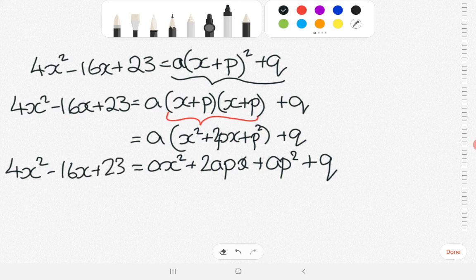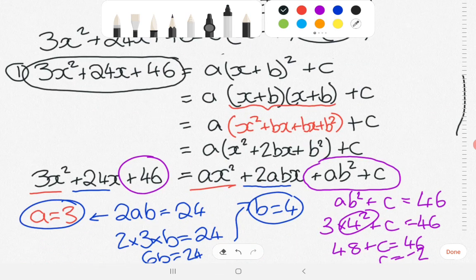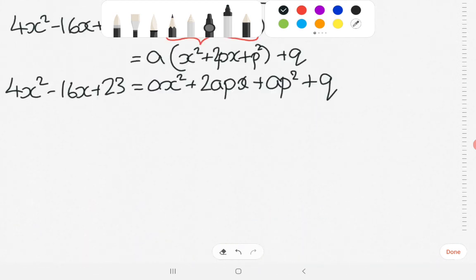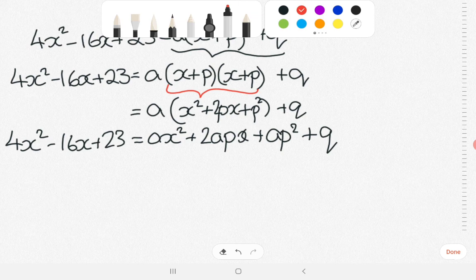Doing the same as we did down here with our three different coloured parts, we're saying that 4x squared is the same as ax squared, so that means that a would be 4. We're then saying that negative 16 is positive 2apx.